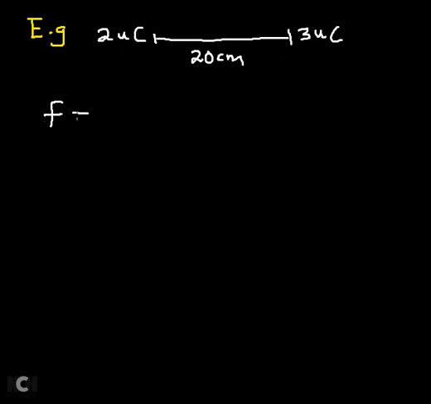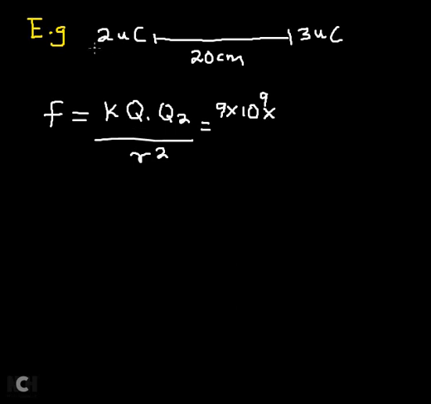From the formula, force is kq1q2 all over r squared. With what we have now, we put in our values. K is a constant, which we know is 9 times 10 raised to the power of 9. Then times q1, the first charge, 2 microcoulombs.